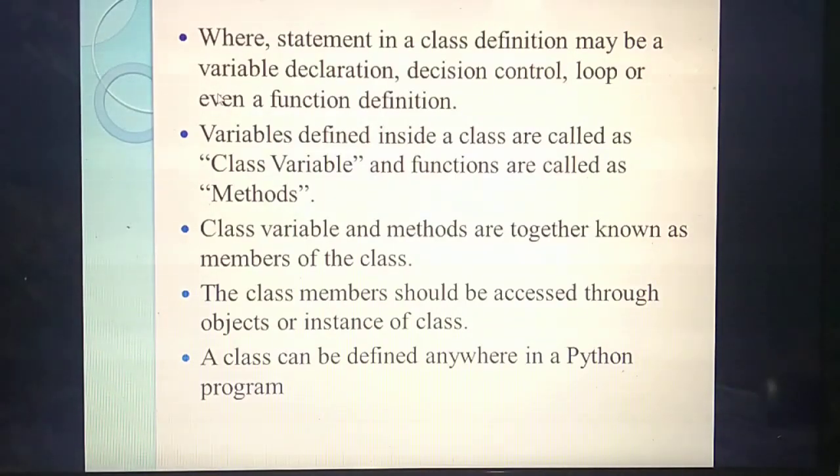Class name, followed by the symbol colon. Then inside the class you define, according to your wish, whatever things the program needs. In the place of statements, you can define variables, objects, functions, loops, everything.